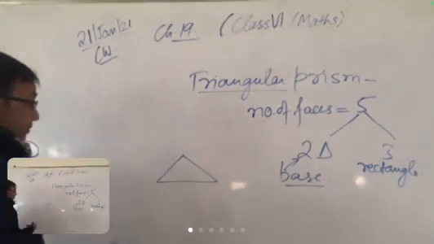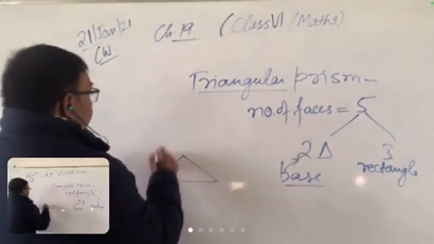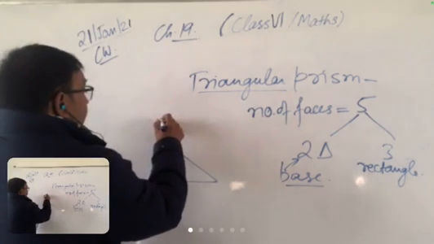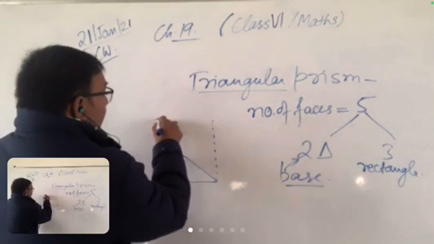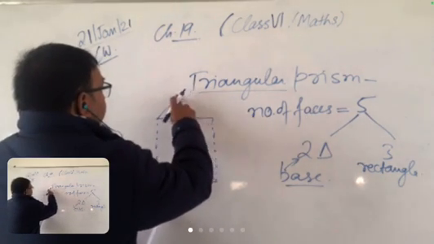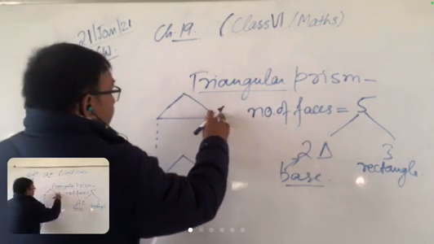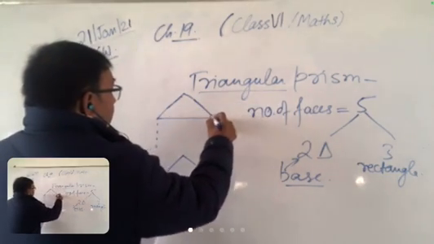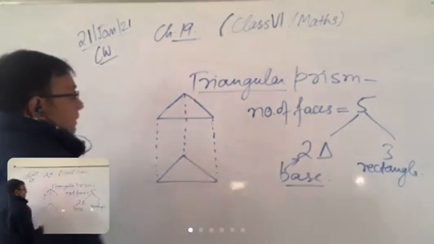Just see. First, you draw the triangle, and then draw another triangle here. And now you can join like this.